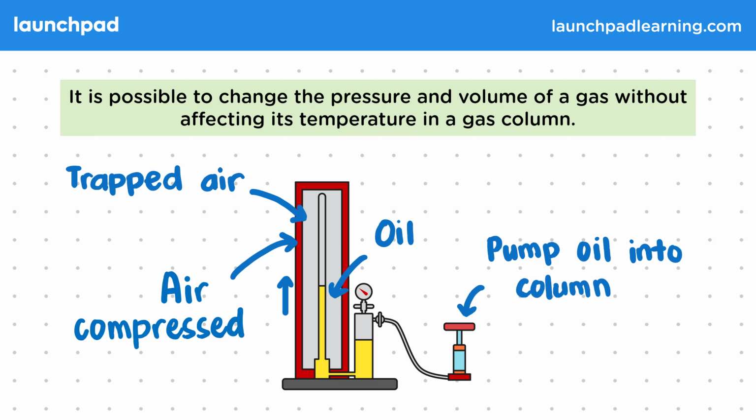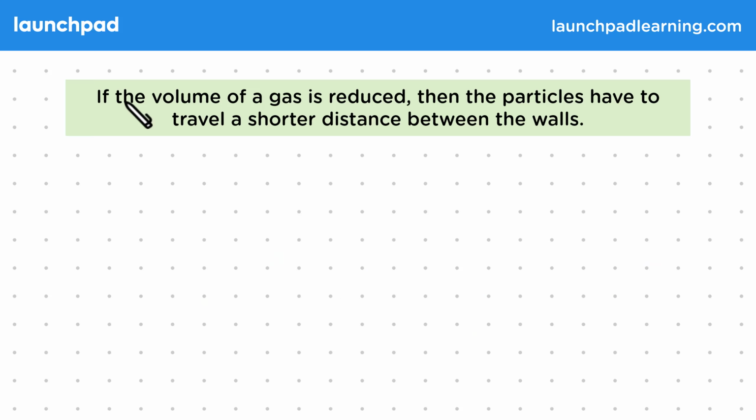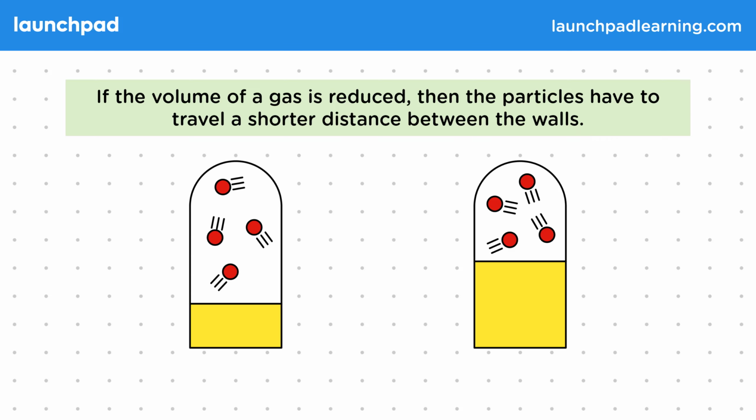But why would there be a relation between the volume and pressure of a gas? Well, first, if the volume of a gas is reduced, then the particles have to travel a shorter distance between the walls. Let's take a closer look at the air in the column, with the oil at two different levels.